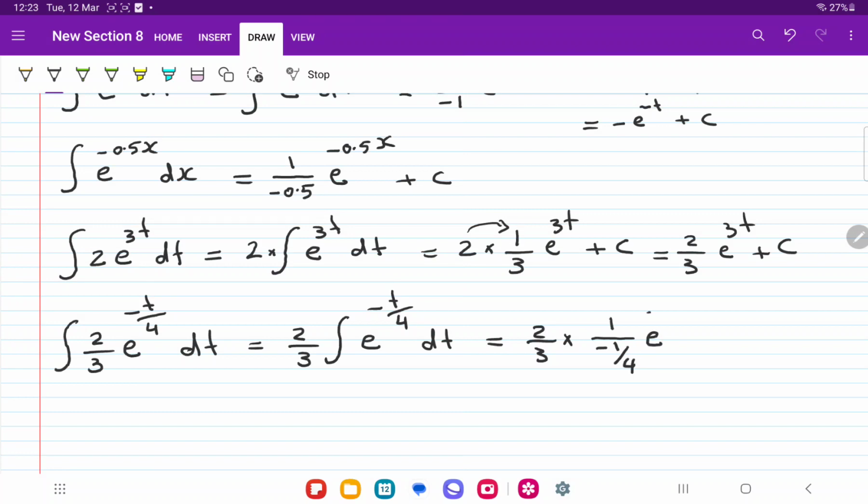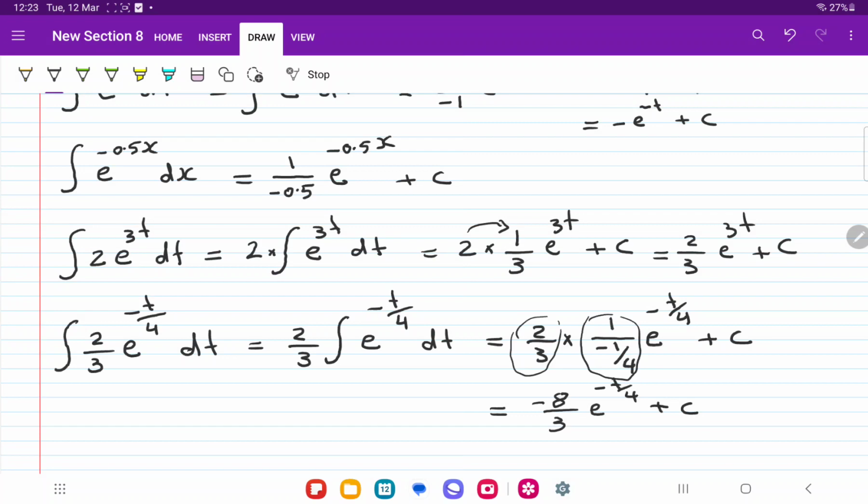Write down the function, e to the power minus t over 4 plus c. How are we going to simplify this? That will be minus 8 over 3 e to the power minus t over 4 plus c. You just use your calculator, multiply 2 over 3 by that number, and it will give you minus 8 over 3.